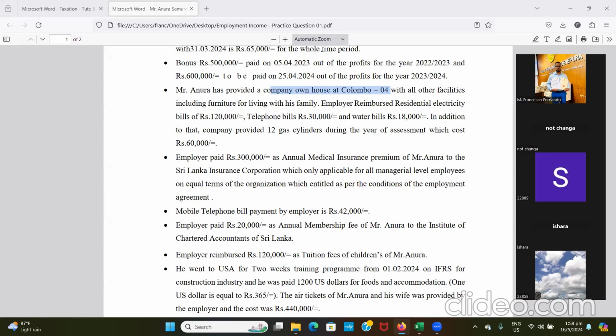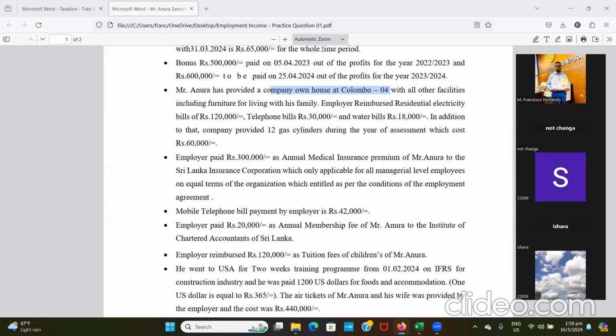For everything, we always take the gross salary, basically the salary without any deductions.